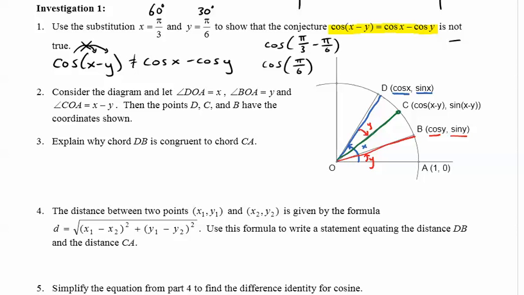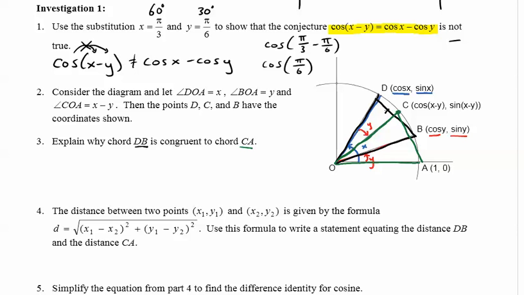Okay, what I'm going to do is I'm going to form two triangles. So one triangle is from D to B and back again. And the other triangle is from C to the x-axis and back again. So we're going to explain why DB is congruent to CA.